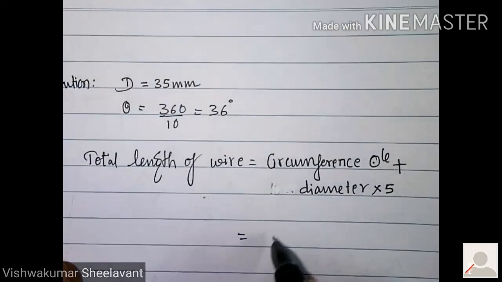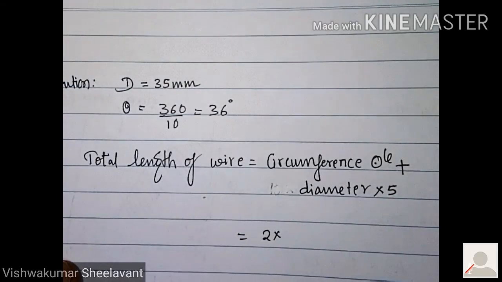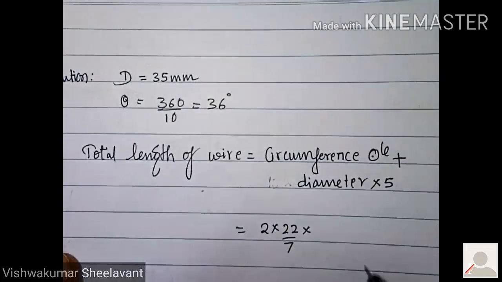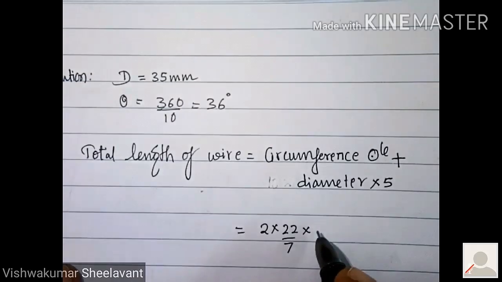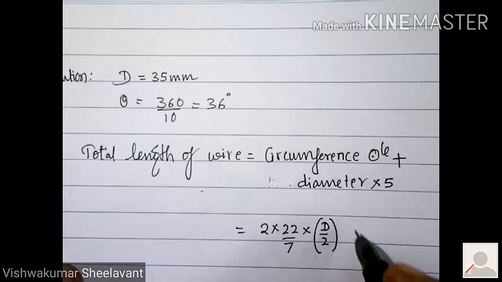That is equal to 2 into pi value, not given, so you have to take 22 by 7 only. 2 pi r, that means d by 2 we have to take, radius is d by 2, plus d into 5.